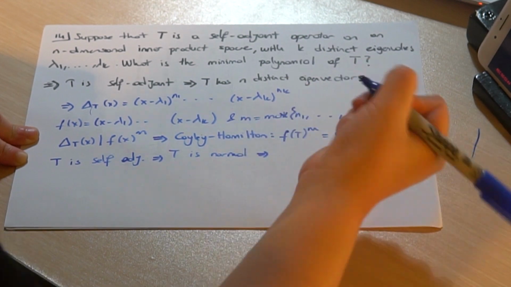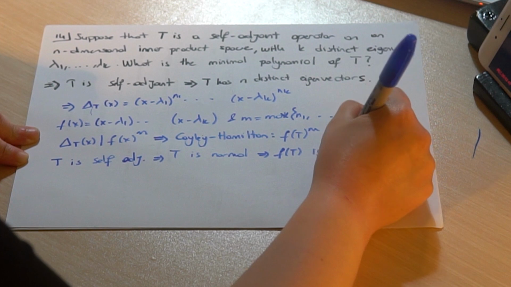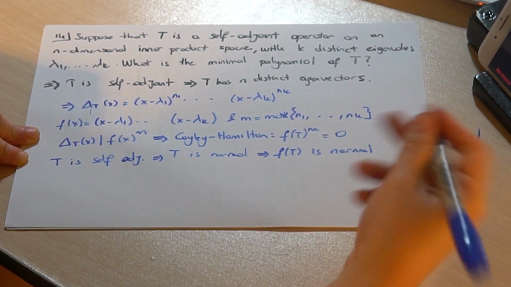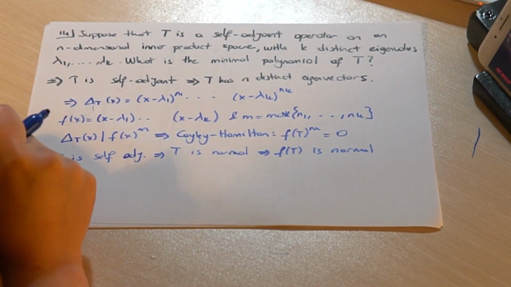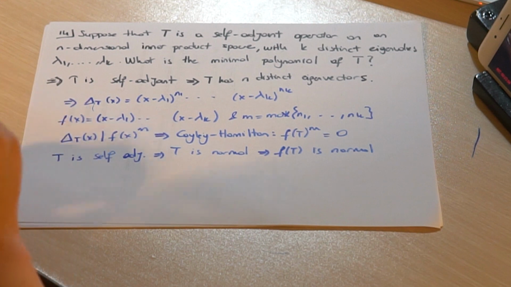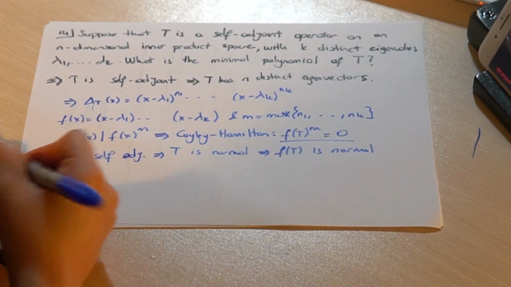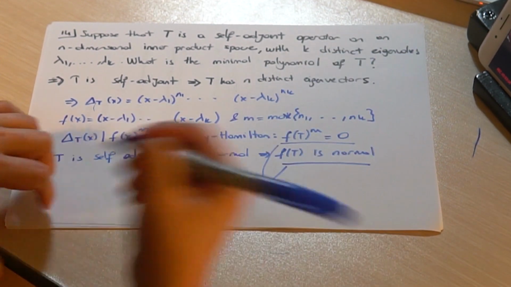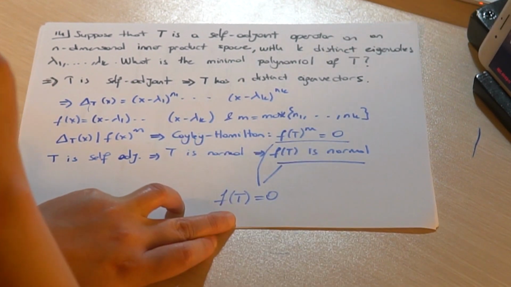And T normal implies that f(T) is normal. So we have a lemma. This lemma says that if some operator is normal, and if this operator also is nilpotent, which is f to the m equal to 0, from these two facts we can say that f(T) is equal to 0.